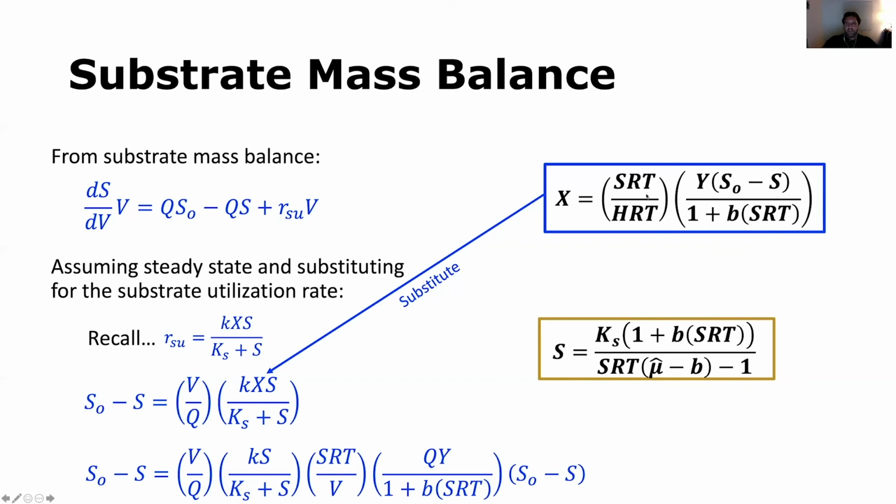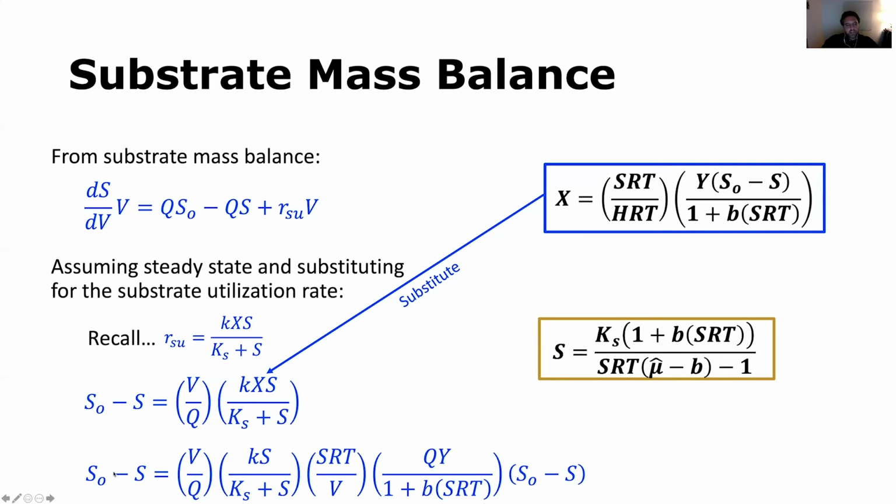And the biomass is also related to the hydraulic retention time. But they're both related to the solids retention time, meaning that solids retention time is a key design parameter for us to balance our biomass concentration in the mixed liquor and also to optimize our effluent substrate concentration, which basically sets the efficiency of our activated sludge system.